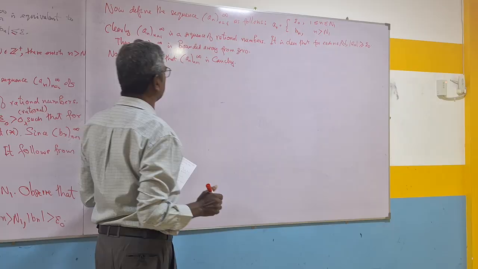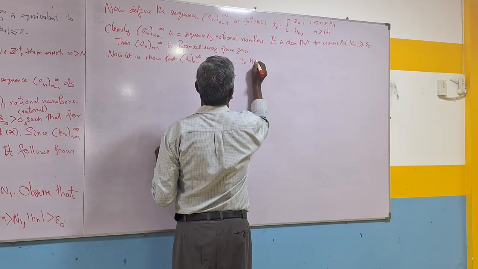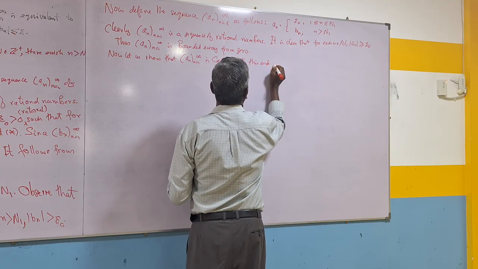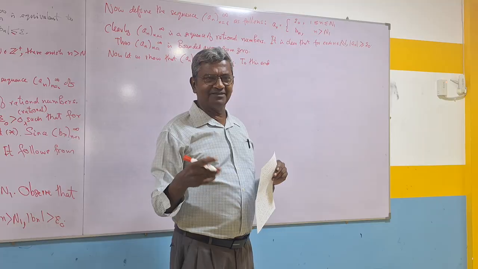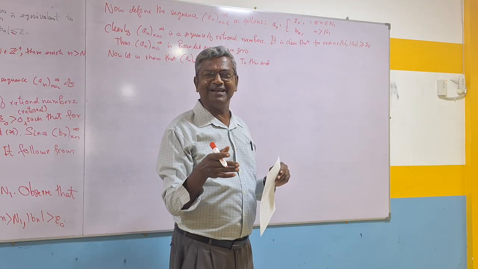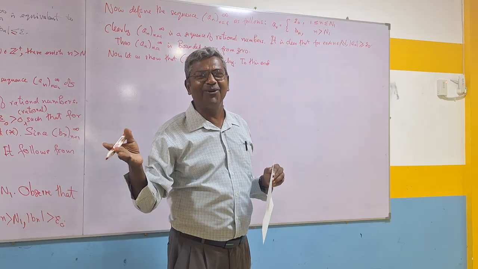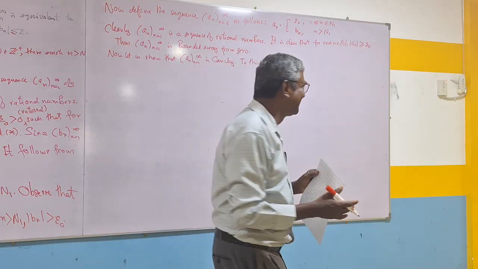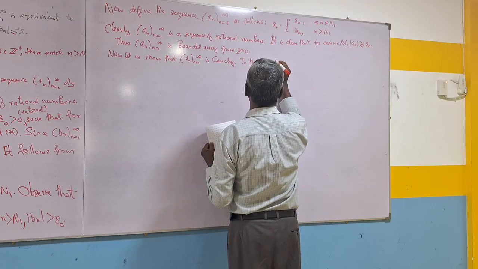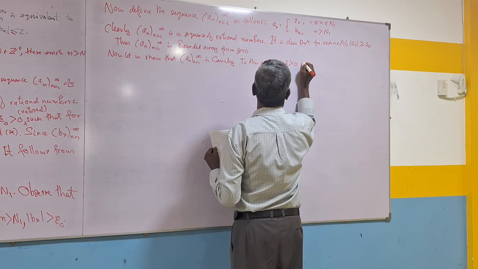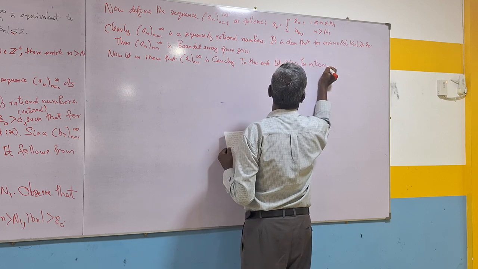So in order to prove this, to this end, to this end — if somebody is listening to this video, maybe the person will think I am using some English words not known to them. To this end, let epsilon greater than 0 be rational. A positive rational number.